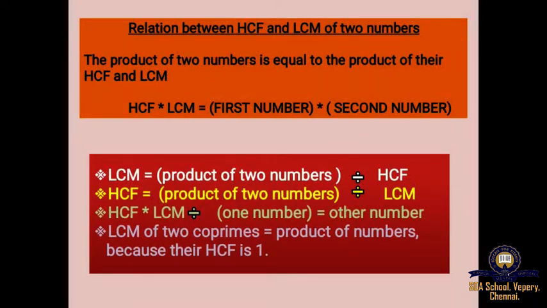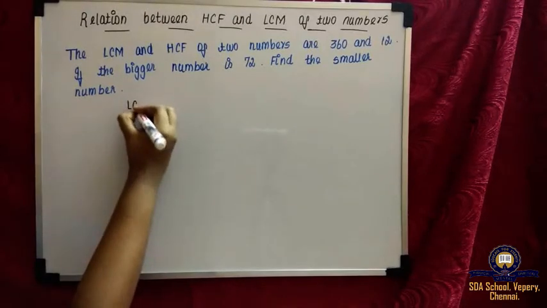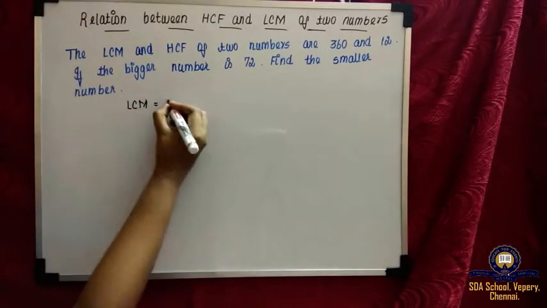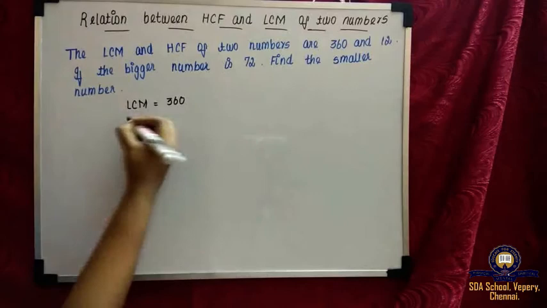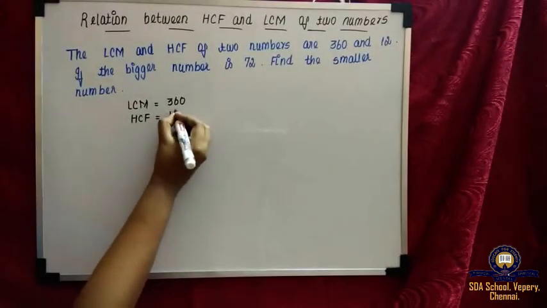LCM of two coprimes is equal to product of numbers because the HCF is 1. The LCM and HCF of two numbers are 360 and 12. So the LCM is given to be 360 and HCF is 12.